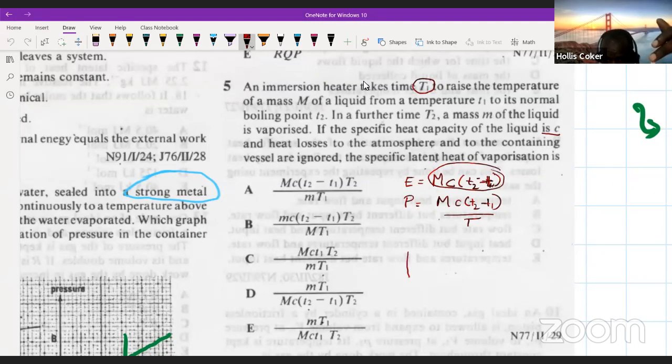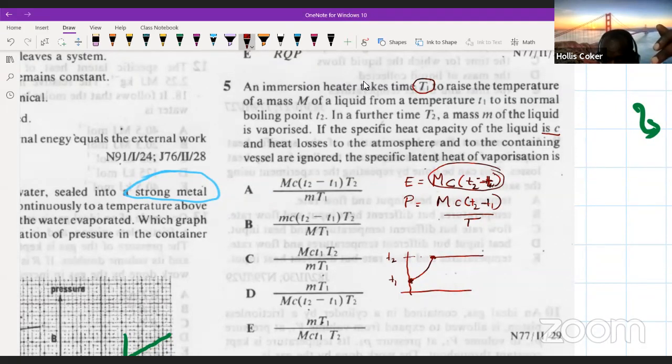What they're actually saying is this. We start off in the liquid phase at a temperature t1, heat it up to reach boiling point at a temperature t2, and after that when you add heat, this part is the latent heat of vaporization being undergone.